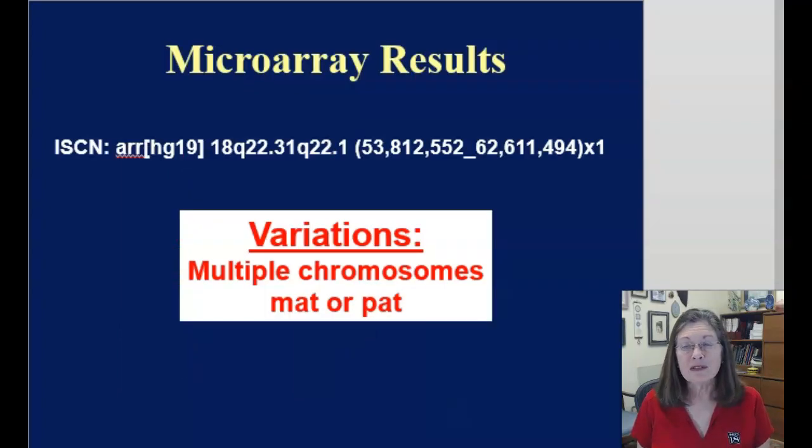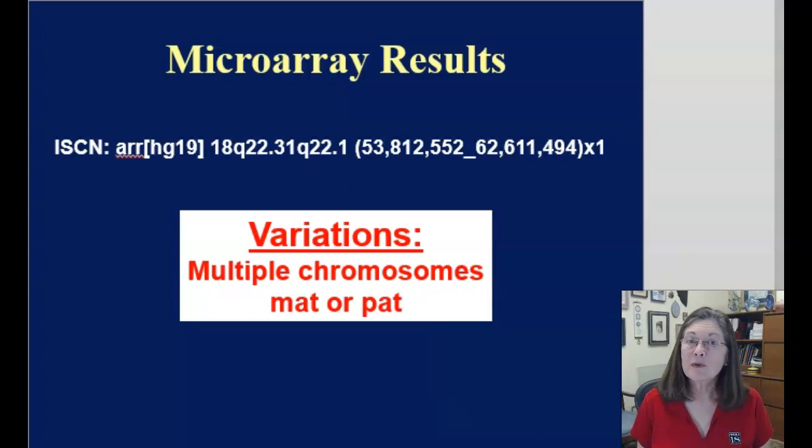So variations in this line of information could be multiple chromosomes. If there are multiple deletions or duplications, this line would be repeated, describing the location and the extent of any of those chromosome copy number changes. The other thing you might see is after this line, it could say Mat or Pat.